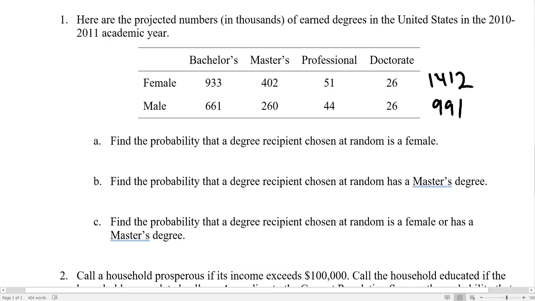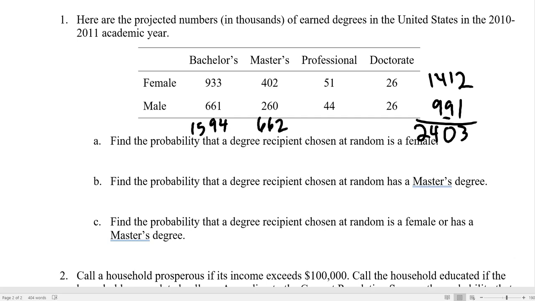And this was 70, 330. I'm good with 991. So our total there is what? 3, 0, 14, 2403. Looks right. Going down here, 4, 9, 15. Going down here, 662. Down here would be 95. And down here would be 52.